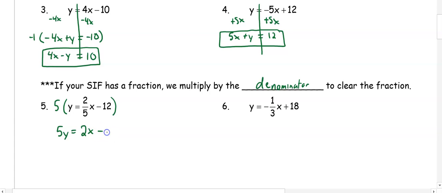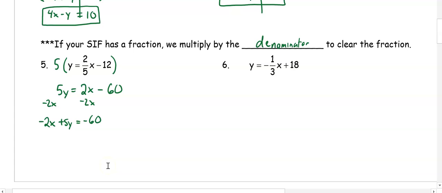Nope, sorry, minus 60. Then we want to move the 2x to the other side, so we're going to subtract 2x. Negative 2x plus 5y is equal to negative 60. We need the number in front of the x to be positive, so we're going to multiply by negative 1. 2x minus 5y is equal to 60.